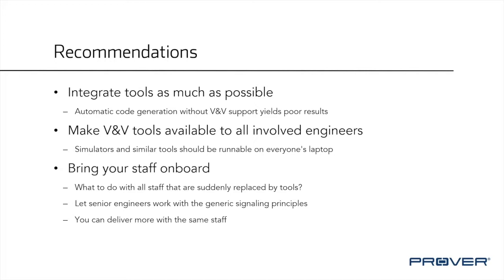The senior staff can work with defining the generic signaling principles, for example, as in the language I showed before, but if they are not comfortable with programming predicate logic, they could work with writing principles in plain English, for example. And you can use other staff for formalizing the principles. Bottom line is that you will be able to deliver more projects with the same staff.